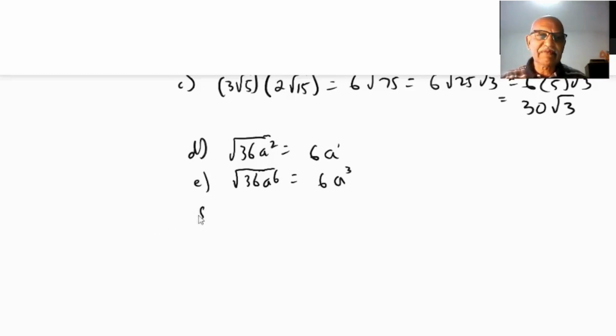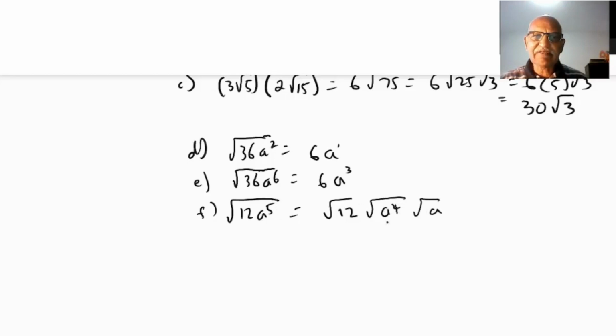If I have square root of 12, a to the power 5. So this is square root of 12. Square root of a to the power 5 is square root of a to the power 4, I go 1 down to get an even exponent, times square root of a. A to the power 5 can be written as a to the power 4 times a to the power 1. Square root of 12 can be written as square root of 4 times square root of 3.